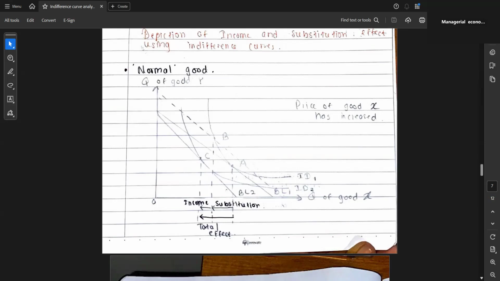Because in inferior goods and Giffen goods, we assume that they are not of much quality and the price is low.